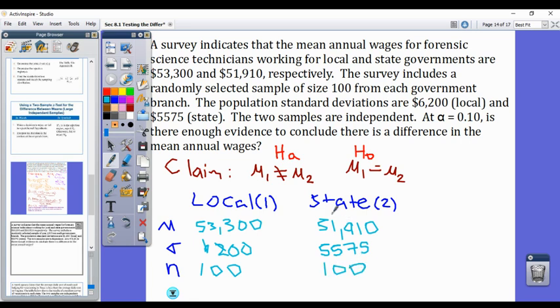Okay, the other thing to keep in mind is that, again, we have a two-tailed test, except this time my alpha level is 0.1. So my z in this case is going to be plus or minus 1.645.